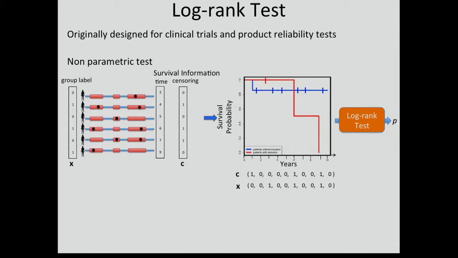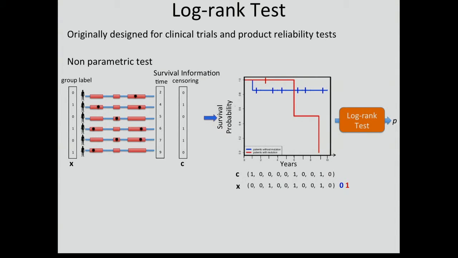Then all the information we need to perform a log-rank test is the group label, so to know if a patient has a mutation in the gene or not, and the censoring vector. Since the censoring is fixed for the entire data set, and now we will look at different genes, what changes is just the label information, the vector X of the group labels.